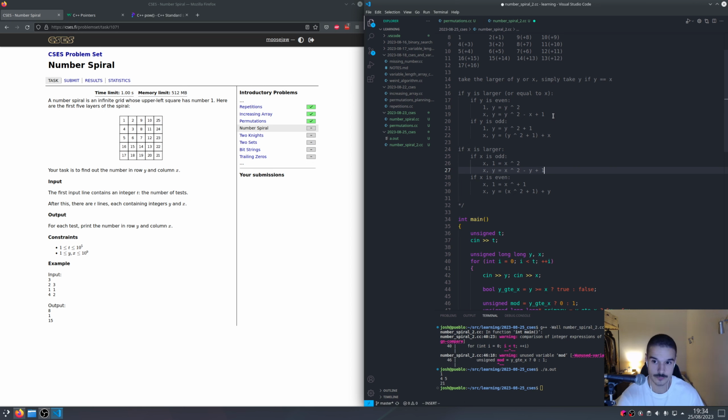So 4, 4, we have an even number, so it should be 4 squared minus... wait, yeah, minus 4 plus 1. Which, that actually is right, I think. So that's 16 minus 4, which is 12, add 1, which is 13.